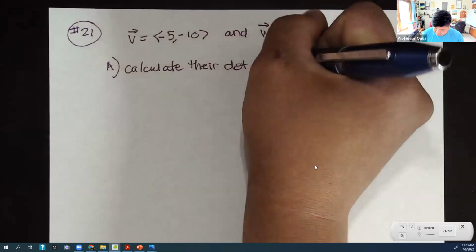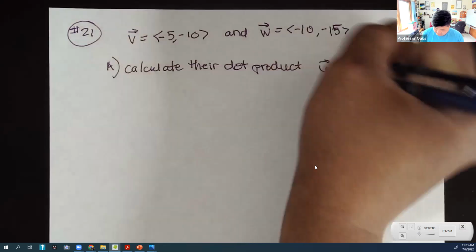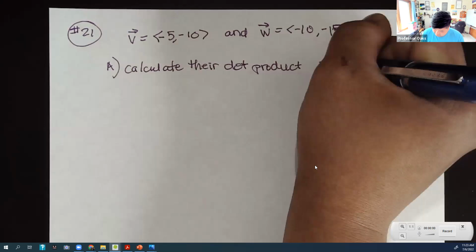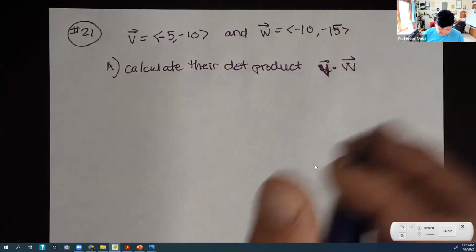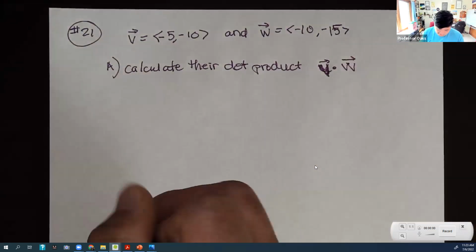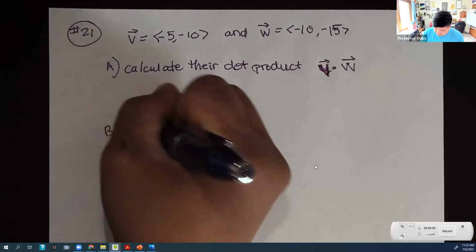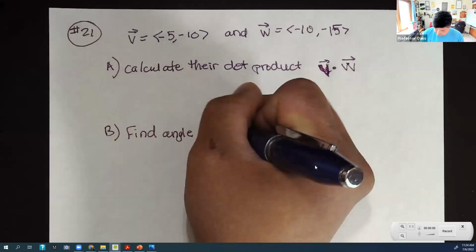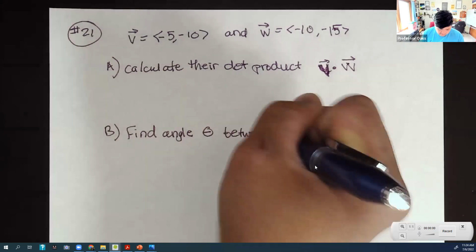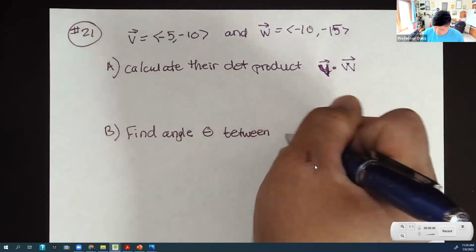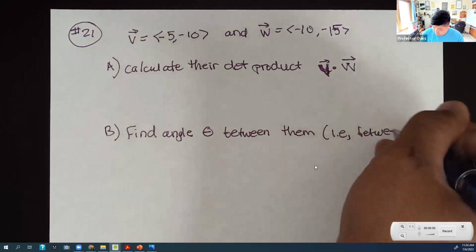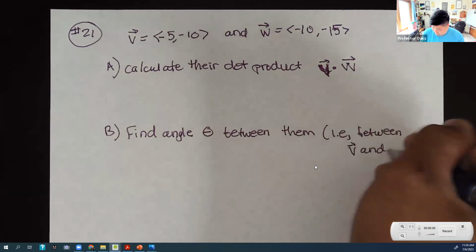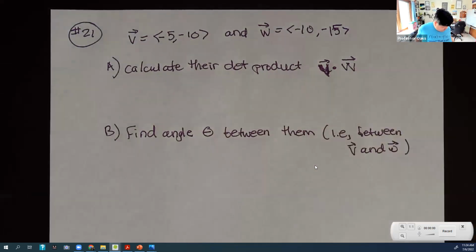That is actually V, and then a little dot for a dot product, W. And then part B is find the angle theta between them, meaning between the V and the W.